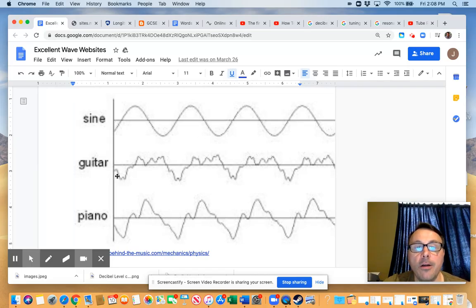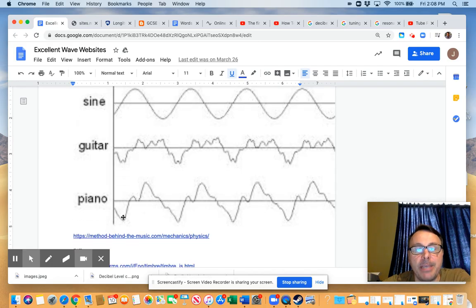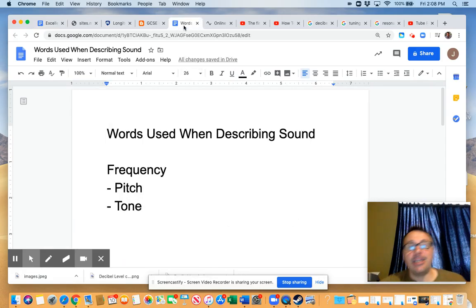A guitar, notice here, the pattern repeats just as often, i.e. it's just as frequent, meaning the pitch is the same, but the tone would be different because of the shape of the wave. And a piano, once again, the same frequency, but a different structure of wave. And so that's the difference between pitch and tone. Pitch is just merely the frequency.